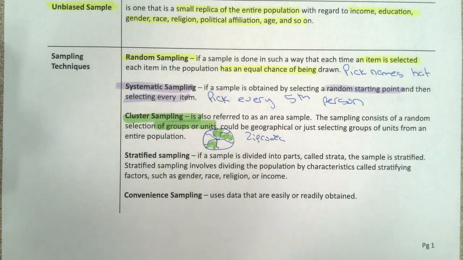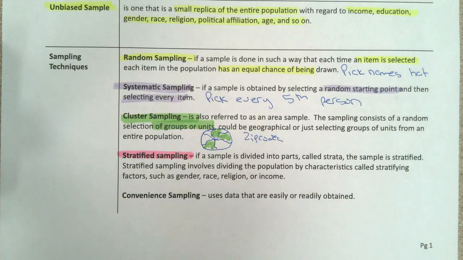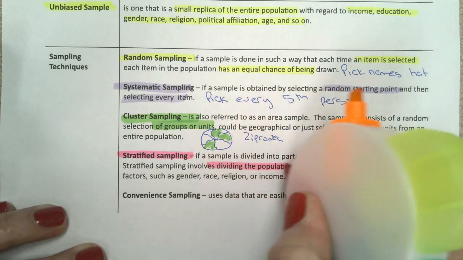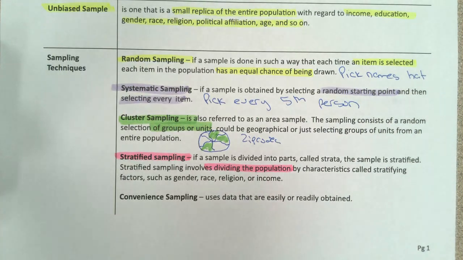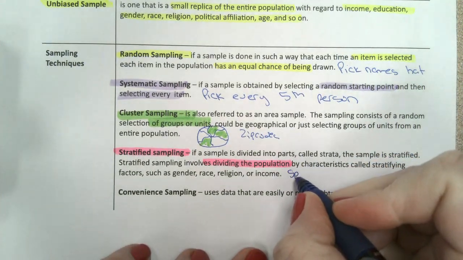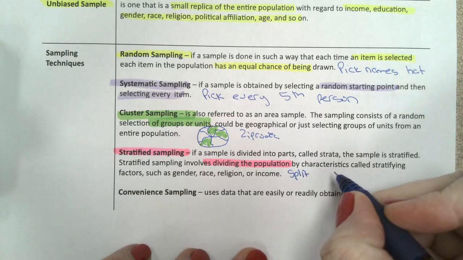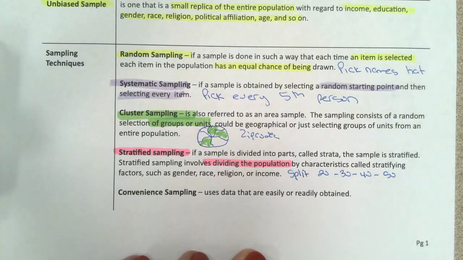The next one that is super similar to that is called stratified. In stratified, though, we are going to divide the population, and then we're going to select from them. In the video that we watched, they were splitting people into age groups of their 20s, 30s, 40s, and 50s.